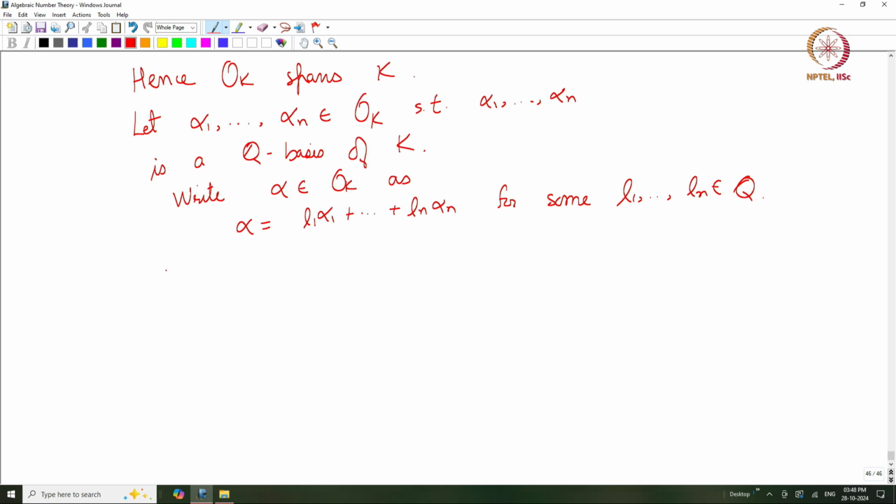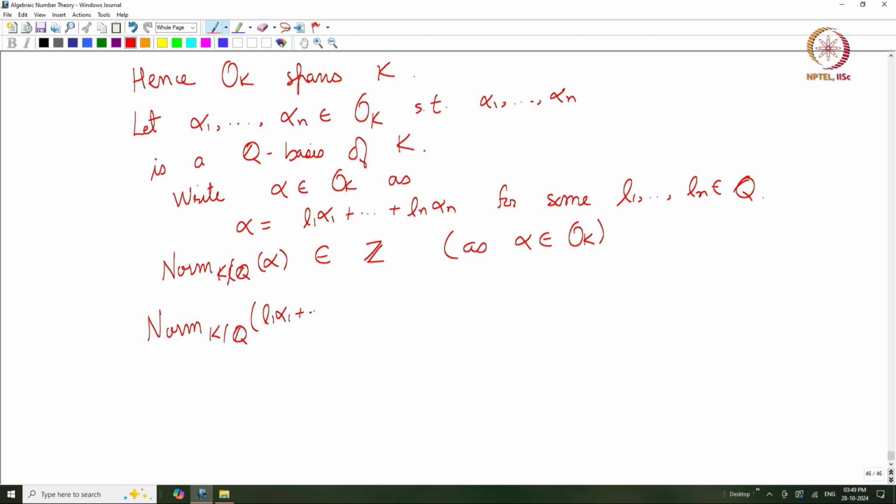Nevertheless, when I take the norm from K to Q of alpha, I know that this is an integer because alpha is in O_K. This is one of the properties we saw of norm, that the norm of an algebraic integer is an integer. So, the norm of alpha, another way of writing this is the norm of l_1 alpha_1 plus so on up to l_n alpha_n.